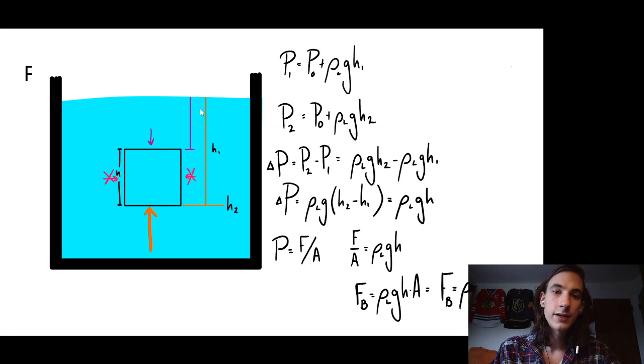Surface 2 over here says, hey, we have a big column of fluid above us, we have a lot of pressure from that, and then the pressure throughout this height is going to be the same. So yeah, it doesn't seem like there's anything pushing down on it, but it's at the same height as everything at this H2, which means that it's going to feel the same amount of pressure.